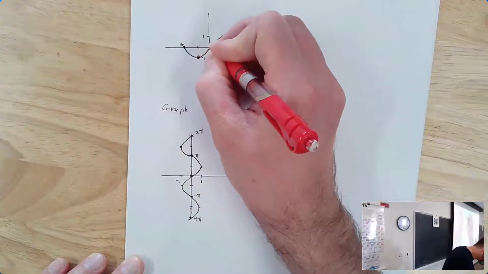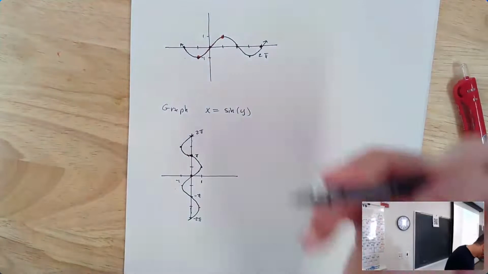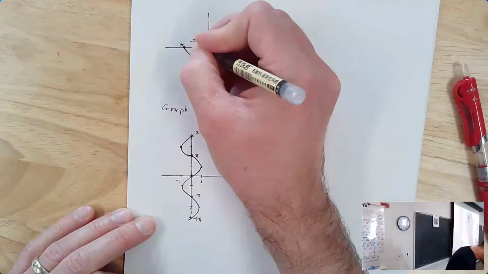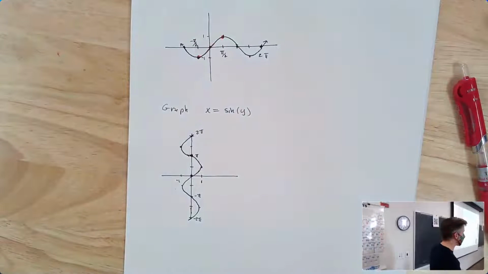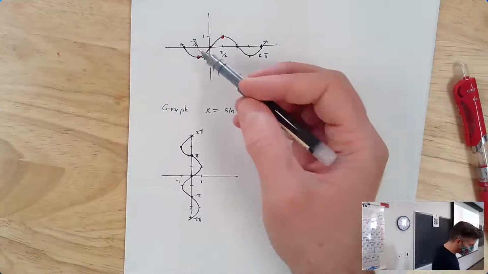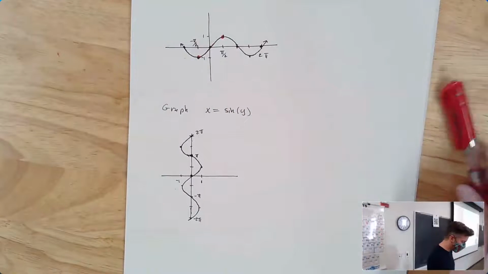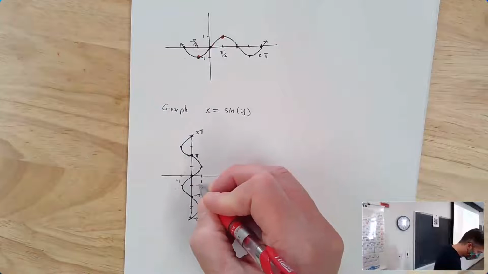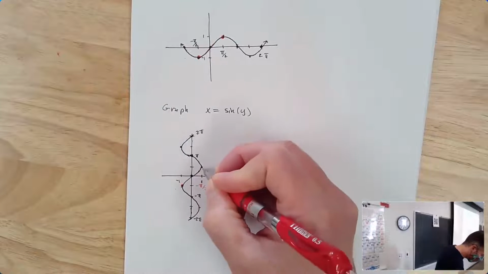So this section right here, from -π/2 to π/2, is where you're going to restrict sine so that when you invert it, you get something that is a function. So restricting the domain of sine from -π/2 to π/2 means we're going to be restricting the range of x equal to sine of y from -π/2 to π/2.